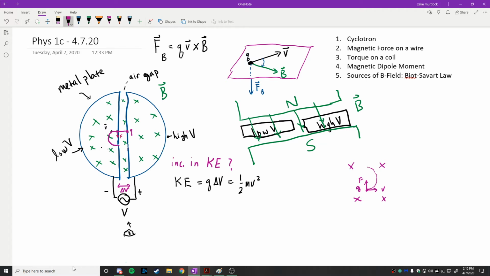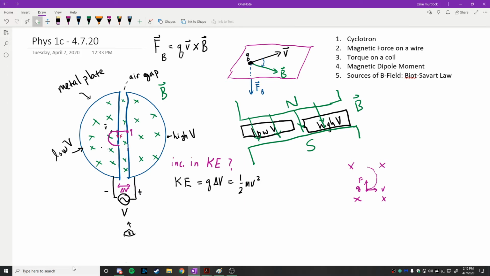Now, when it gets to this point, if nothing else changes, it's not really going to be able to do anything because the positively charged particle doesn't want to go uphill, so to speak. It won't go from low potential to high potential, in the same way that a ball would never roll up a hill by itself, right? So what happens then is that the low V and high V swap.